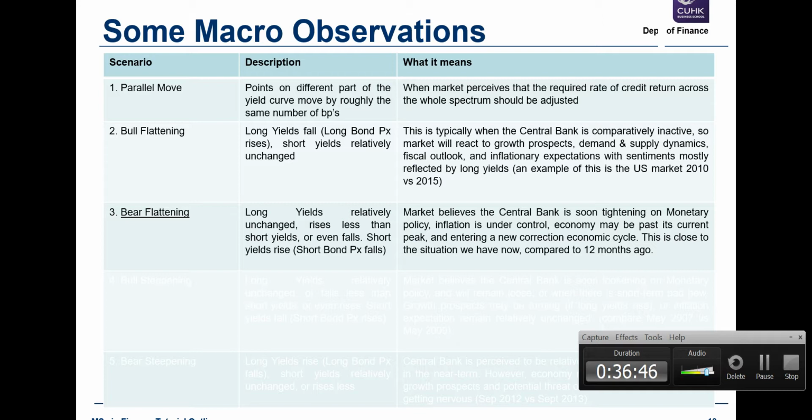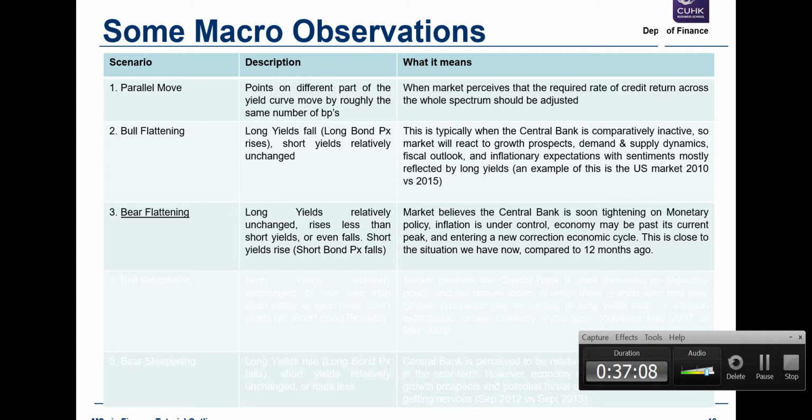The long end might be rising, but if the short end is rising more, of course you've got a flatter curve. I underline that because that seems to be what's happening right now. I'll show you in a moment.